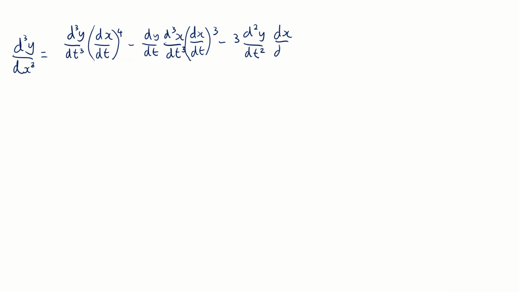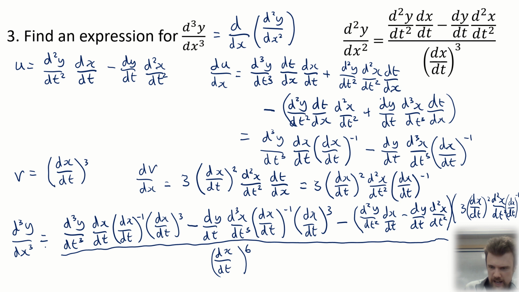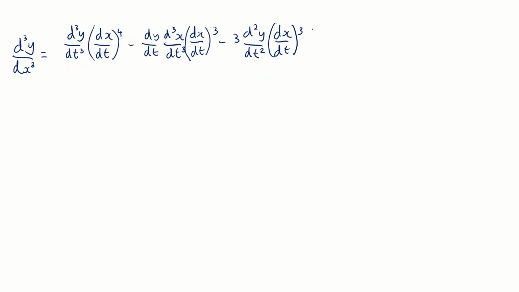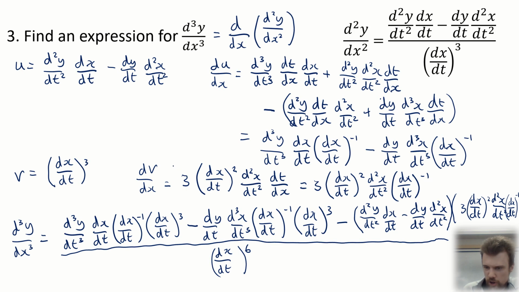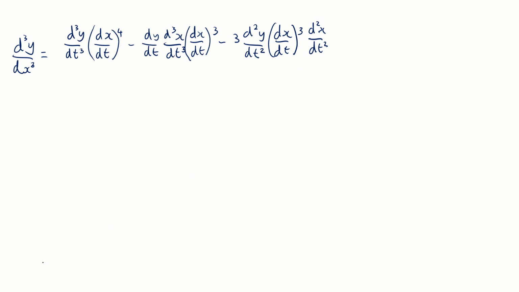You combine the two dx over dt expressions. And we also have the d squared x over dt squared. And then lastly, we've got the minus dy over dt, but that's inside some brackets with another minus, so it's going to become plus. So that's a plus dy over dt.